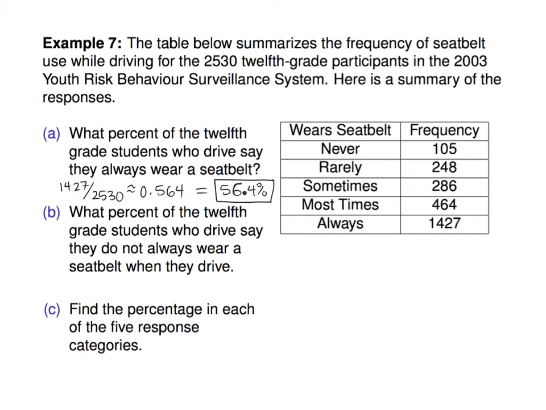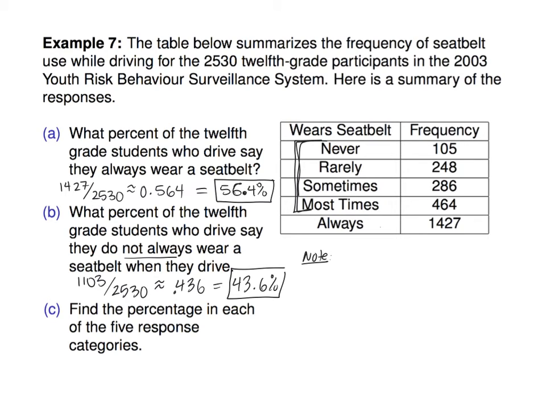What percent of the 12th grade students who drive say that they do not always wear a seatbelt? So that's everybody else. Well, since there were 1,427 people who always wear a seatbelt, adding up all of the rest of those, we see that there are 1,103 people who did not answer always out of the 2,530, which is approximately 0.436 or 43.6%.